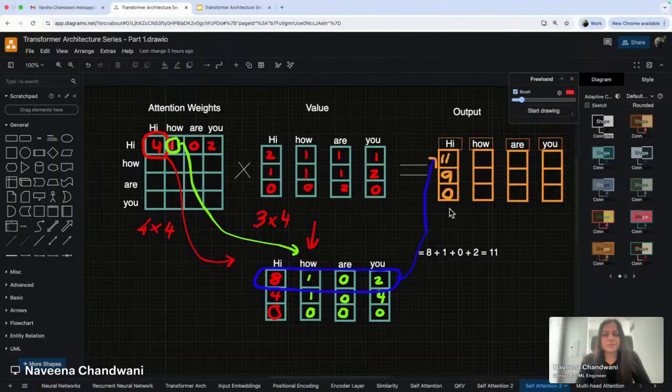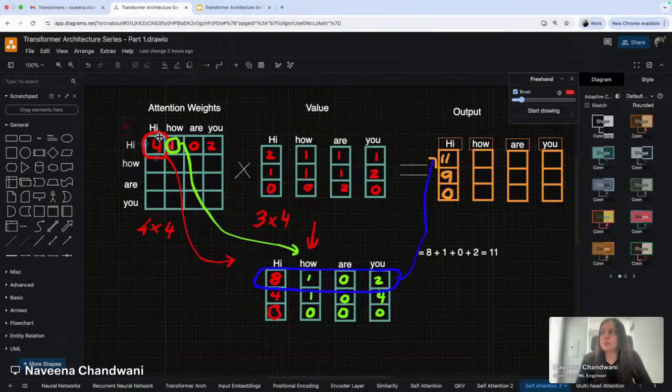So why are we doing this? The idea here is you want to pay attention to every other word, but in varying proportions. And how will you decide how much to pay attention to each individual word? That will be based on the similarity with that word.